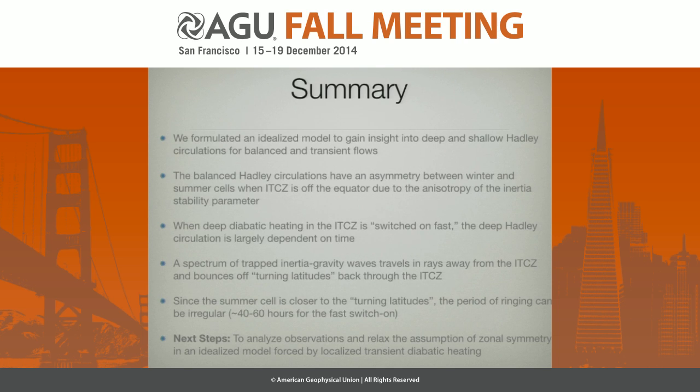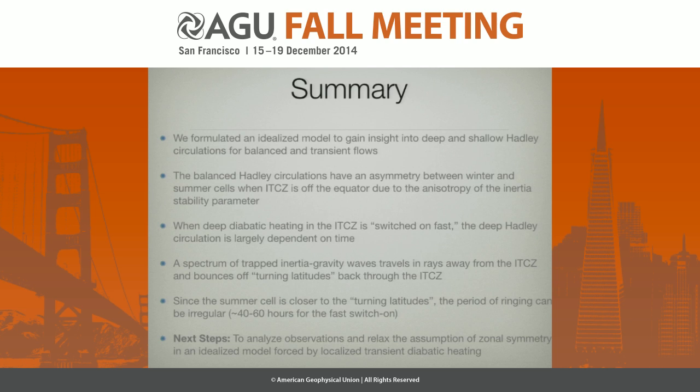And then when we looked at the transient dynamics, the deep diabatic heating, when it's switched on fast, the deep Hadley circulation is really dependent on time, and a spectrum of trapped inertia gravity waves travels in rays away from the ITCZ and bounces off these turning latitudes, which I didn't get a chance to really go into the theory behind, but there's a lot of theory behind that.